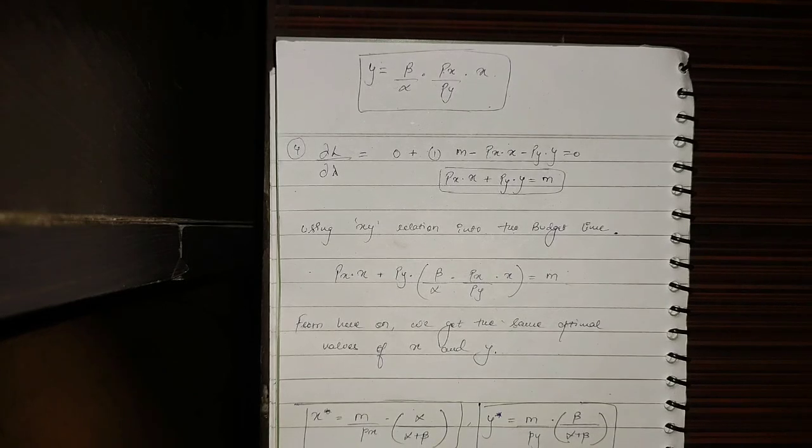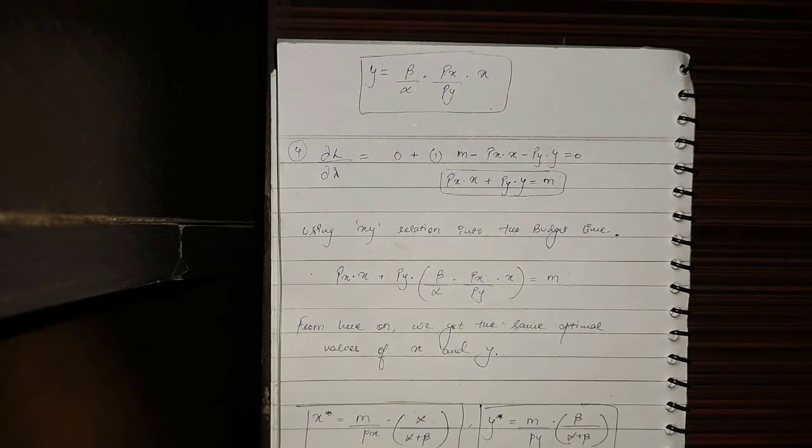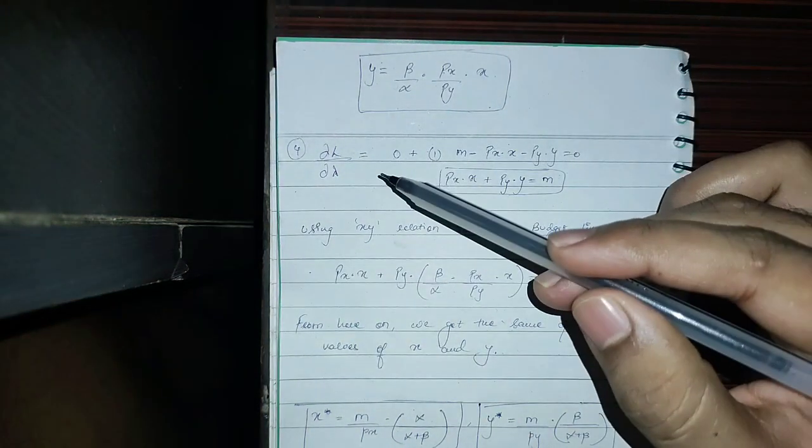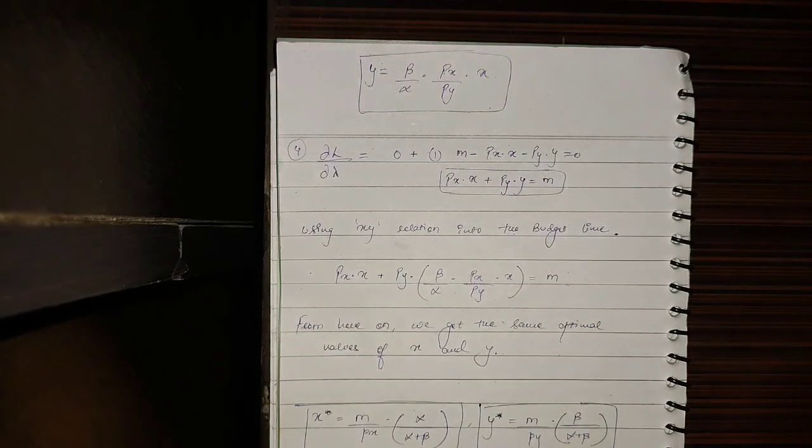Now the fourth step is that we have to differentiate the Lagrangian function using the multiplier lambda. It would be del L by del lambda.